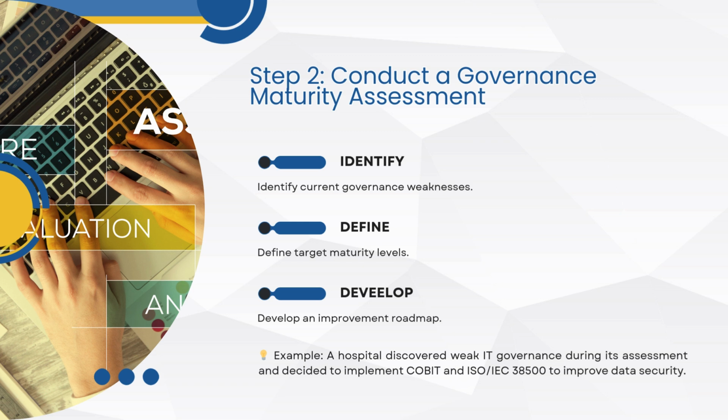Number two, define target maturity levels. And number three, develop an improvement roadmap. Example: a hospital discovered weak IT governance during its assessment and decided to implement COBIT and ISO to improve data security.